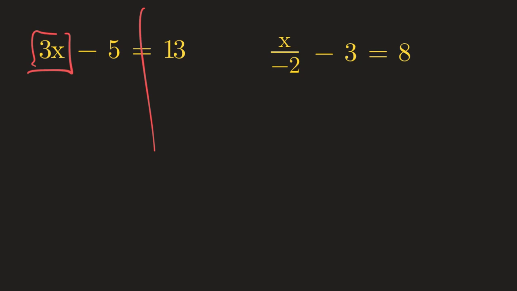What are you probably going to get rid of first? Add 5. That's right. Good. You will generally add or subtract something first, then you will multiply or divide to solve. Add 5 to both sides. Isolate the variable term. 3x is now isolated. 13 and 5 is 18.